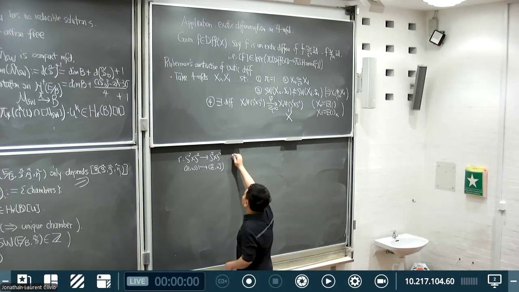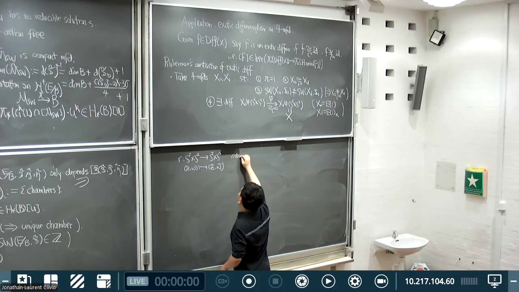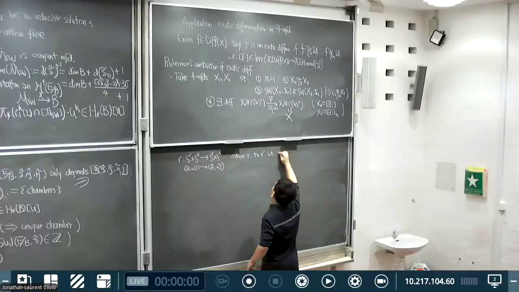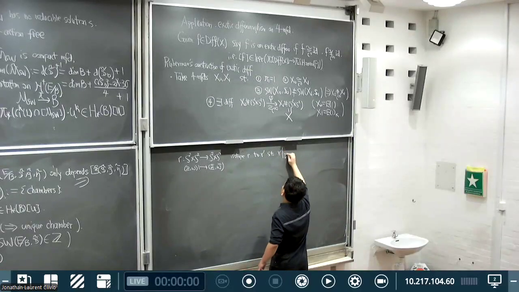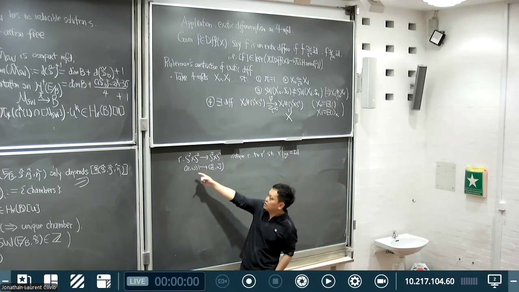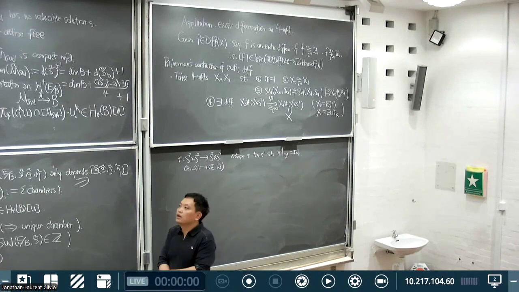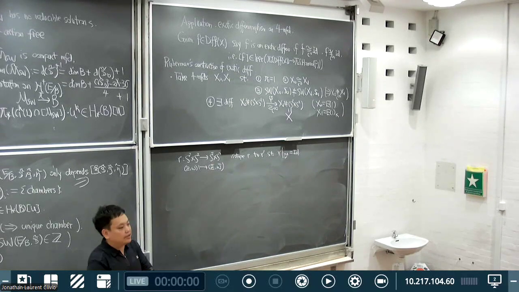Then we can isotope R to R prime such that R prime restricts to the identity on some small ball. This R prime has a non-discrete fixed point set, but is orientation preserving.